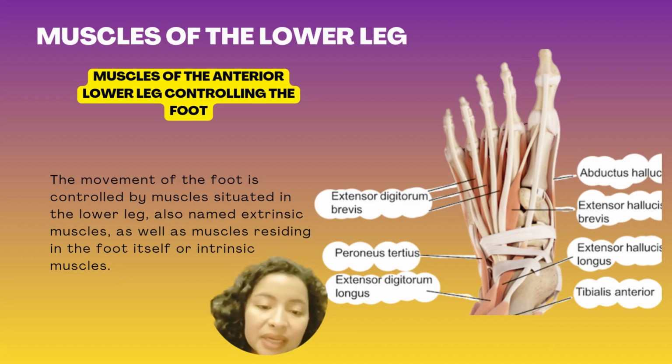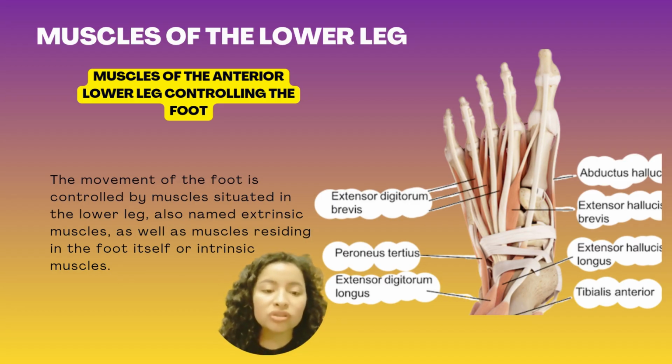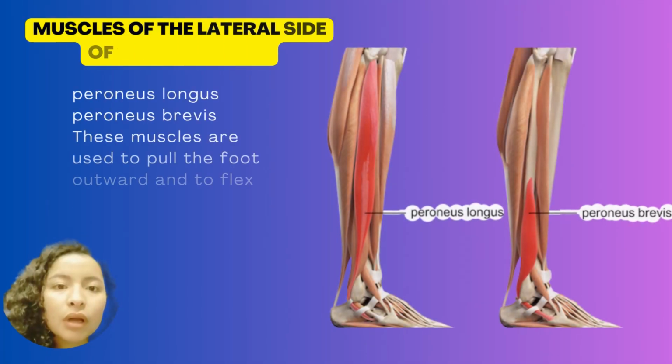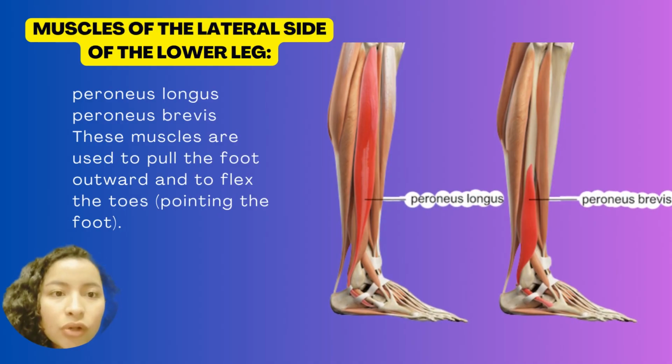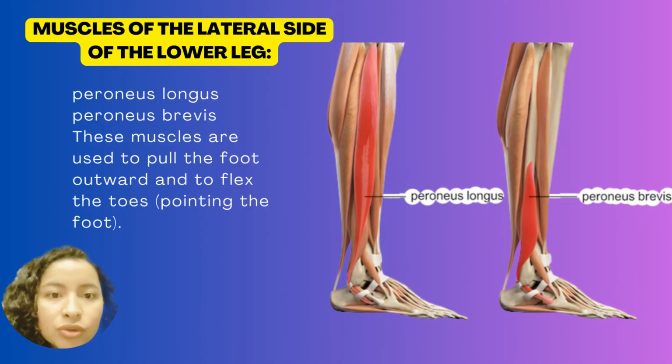The tibialis anterior also controls turning the foot inward. Muscles of the lateral side of the lower leg: peroneus longus and peroneus brevis. These muscles are used to pull the foot outward and flex the toes, pointing the foot.